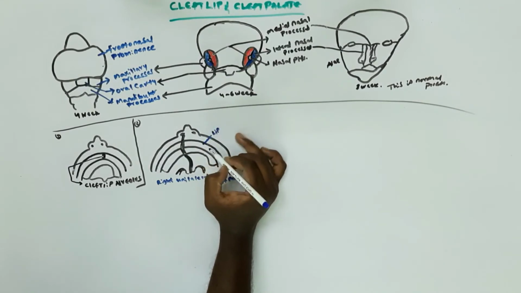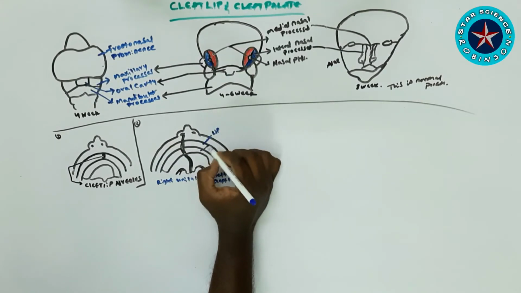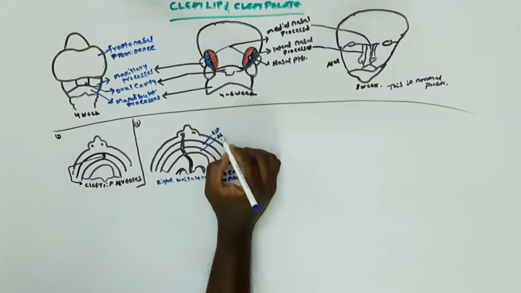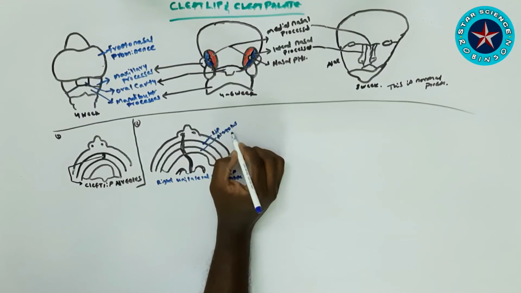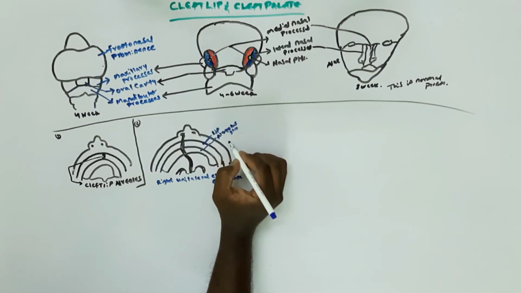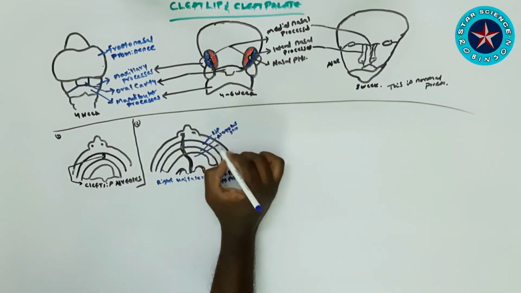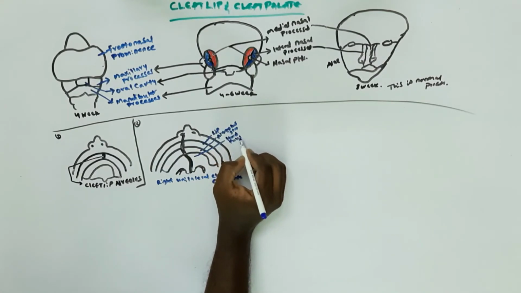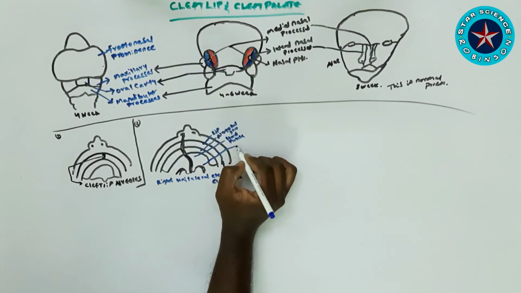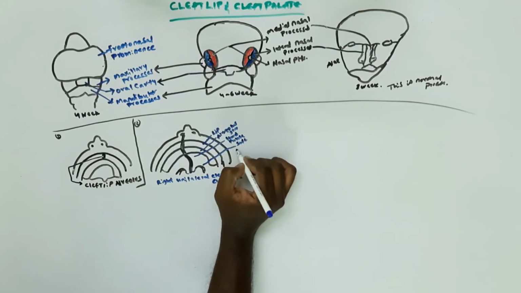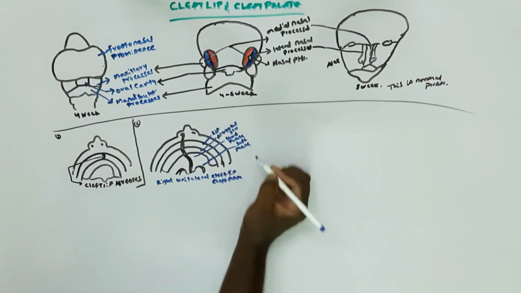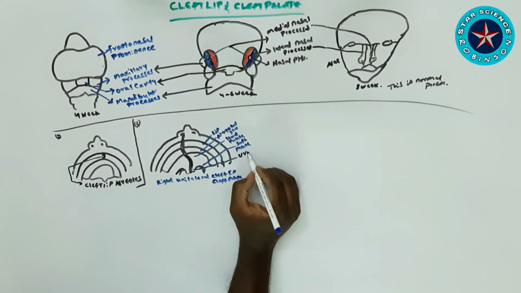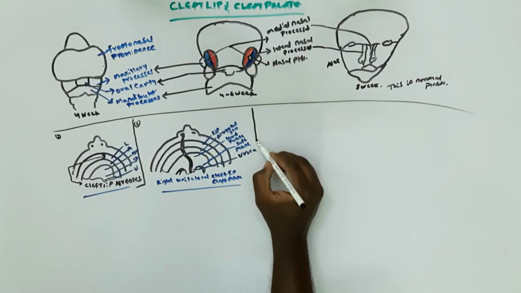This is the lip, where we have a gap on the right side, and this is the alveolus, the gum. Next we can see the hard palate, which is bony. Next we can see inside the soft palate, and we have the uvula. So this is the right unilateral cleft lip and cleft palate.